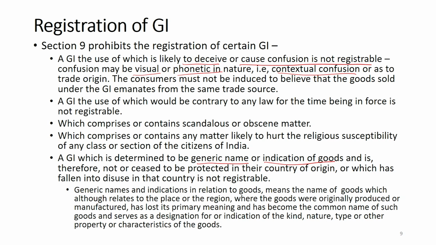Generic names and indications in relation to goods means the names of goods which, although relate to the place or the region where the goods are originally produced or manufactured, have lost their primary meaning and have become the common name of such goods and serve as a designation for or indication of kind, nature, type or other properties or characteristics of the goods.